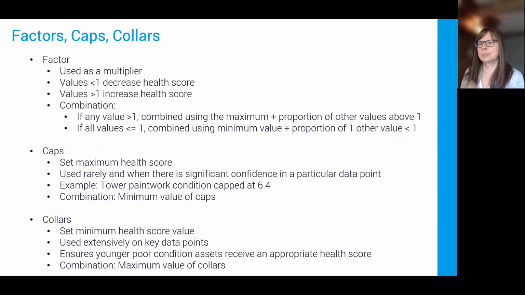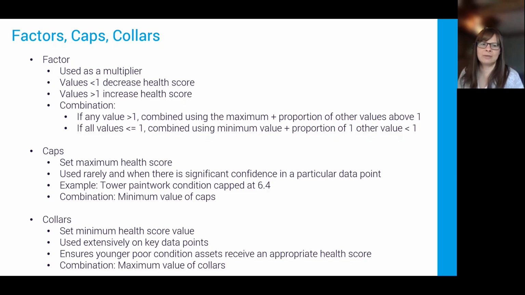And so just to put some definitions on these, we've met factors already, and what they do. In terms of combining factors, you'll see in the methodology that lots of things produce factors, caps and collars. But the factors are the most complicated one in terms of combining factors to create overall multipliers.